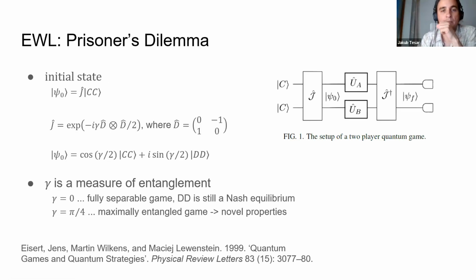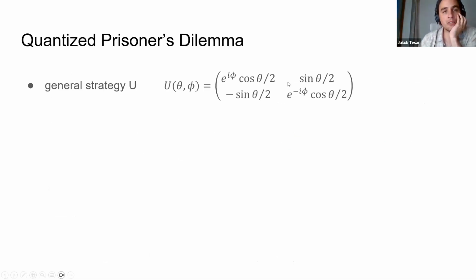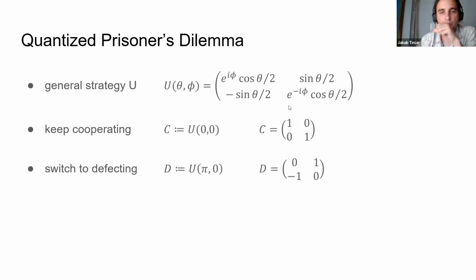What is interesting is that they once again introduced this general strategy U, which they wrote in this form. It's a unitary matrix of two parameters. And maybe I got the idea from here about flipping and unflipping the game.